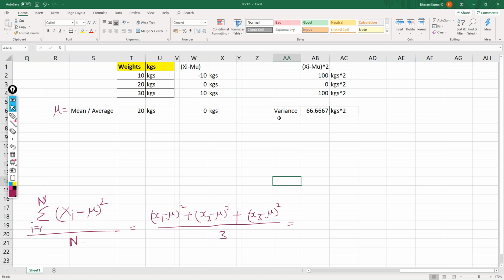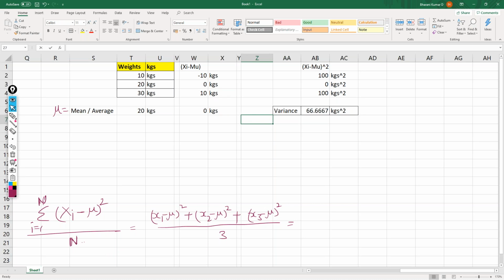Then again, another bright statistician thought, okay, do you know what? To counter the negative and positive values, we have squared. Because we have squared, we are getting such weird results.